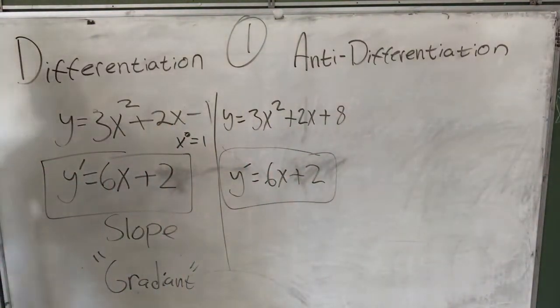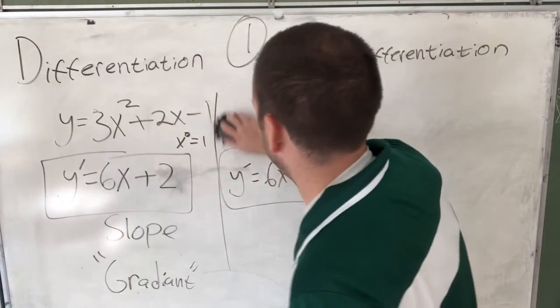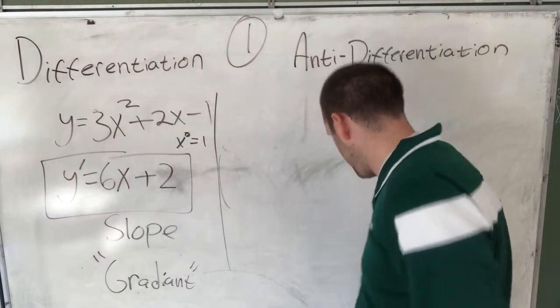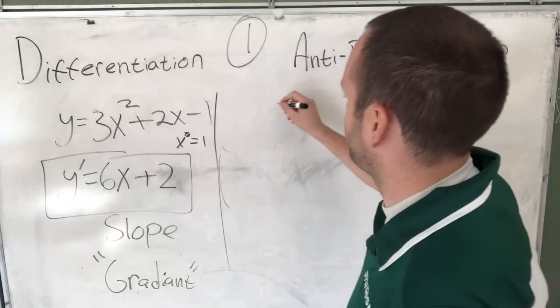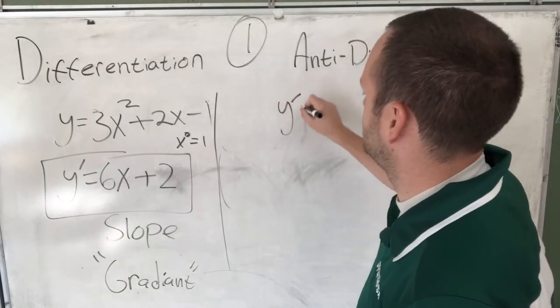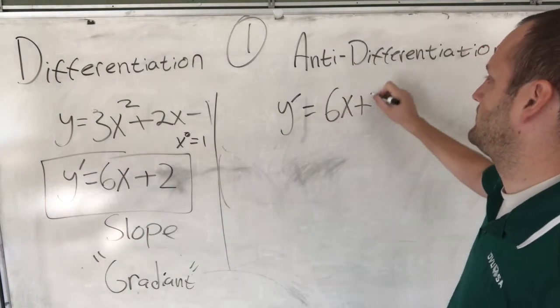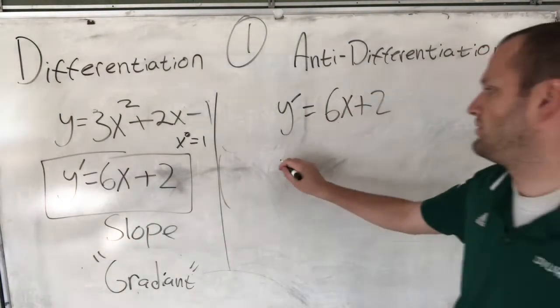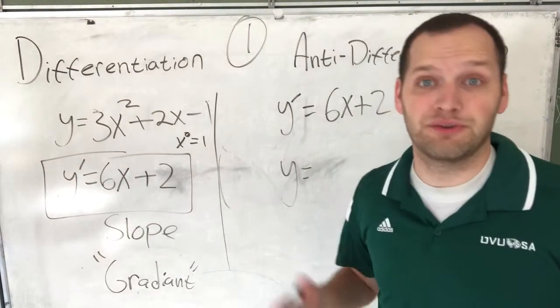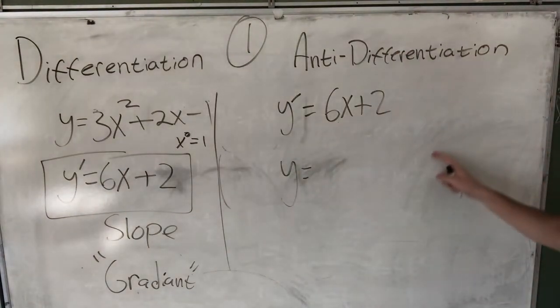So let's say I'm telling you, y prime equals 6x plus 2. And I say, all right, what was the original equation? Integrate or anti-differentiate. I want you to go backwards now.